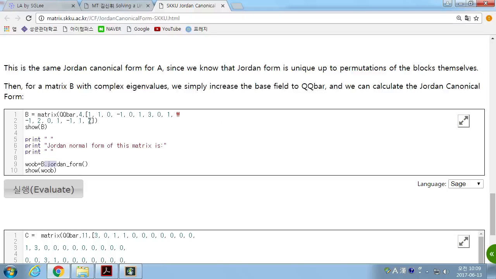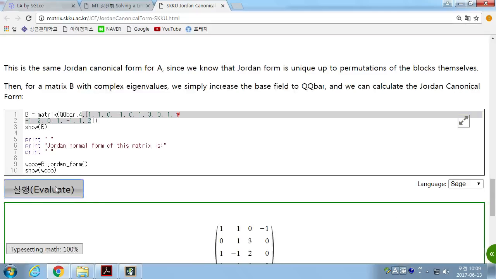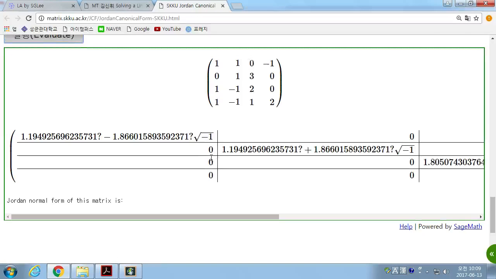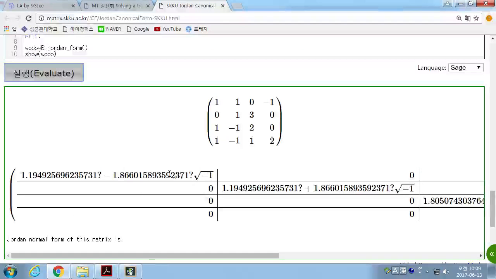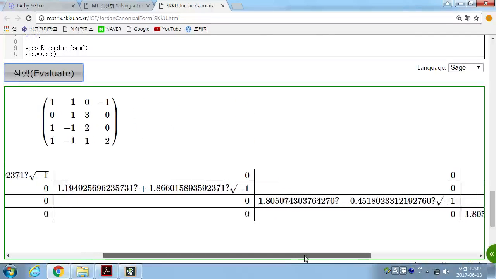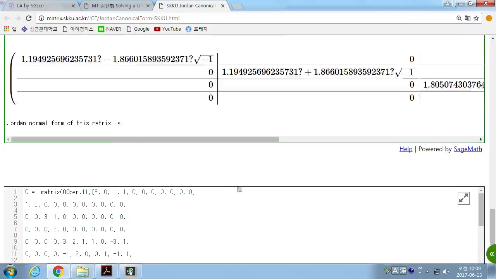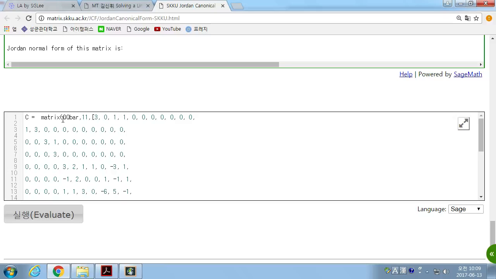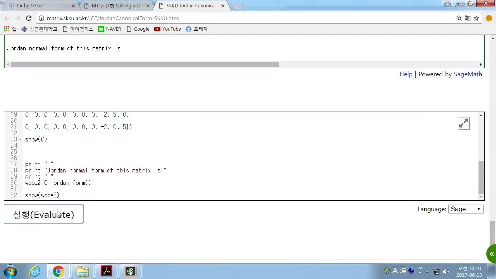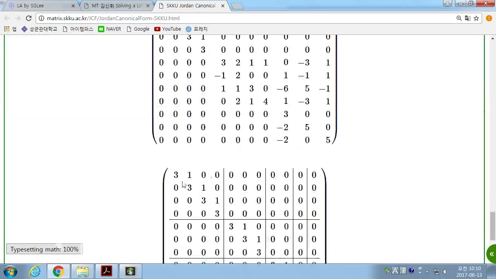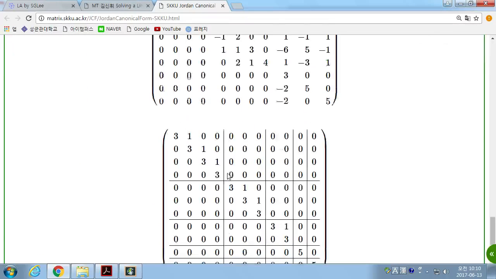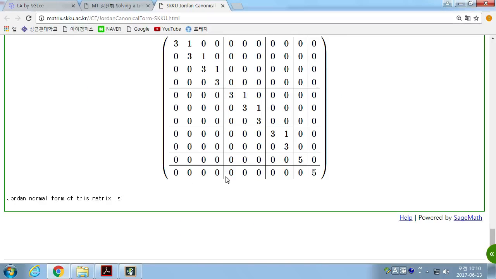For this type of matrix, as you see, we have complex eigenvalues like this, the imaginary numbers. And for this 11 by 11 matrix, we can find the Jordan canonical form of the matrix like this, and so on.